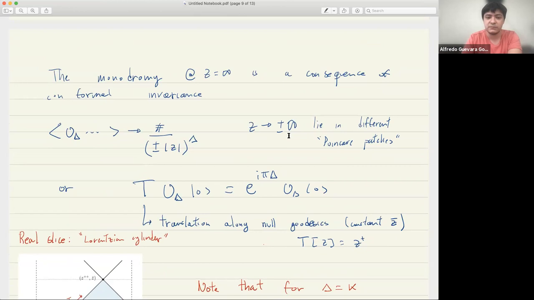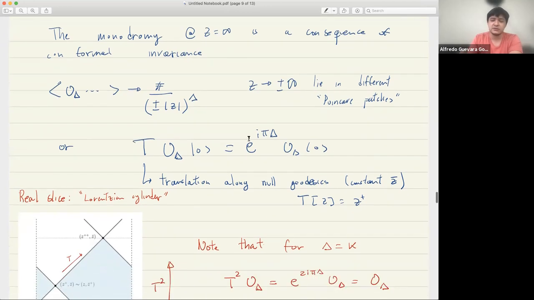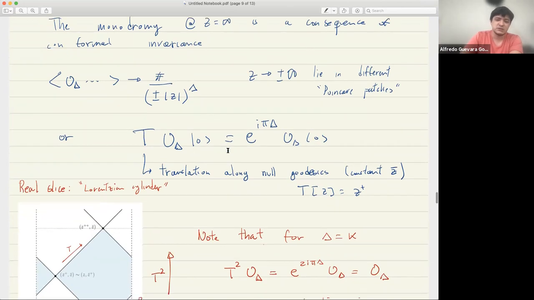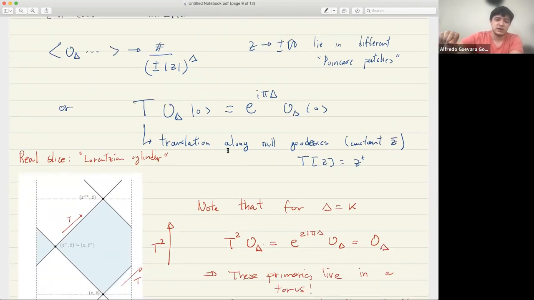So this function is not single valued. That's what I mean. Each of these sheets we call Poincare patches in this Z plane. And this is the operator that takes you from one patch to another. That's called T. So T basically translates along null geodesics. Basically, you leave one Z bar constant, and the translation is just setting.